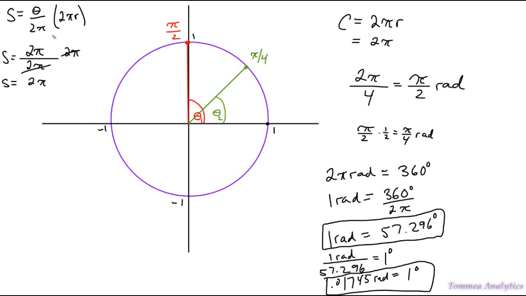So you can see that S is equal to 2 pi, which again means that the arc length is equal to 2 pi radians, the entire distance around the circle.